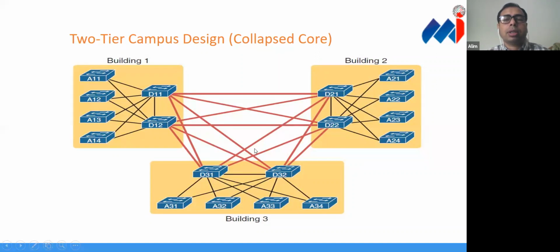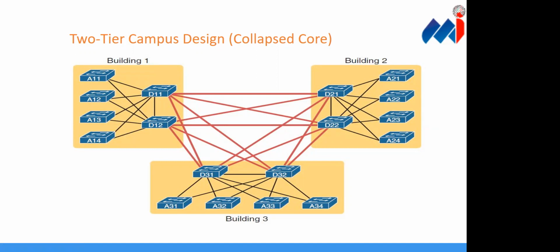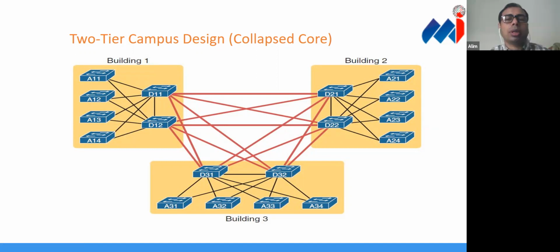Providing mesh connections is not feasible in practice. But what is the more realistic picture? The more realistic picture would be providing some redundant connections, but not connecting to all points, all switches.